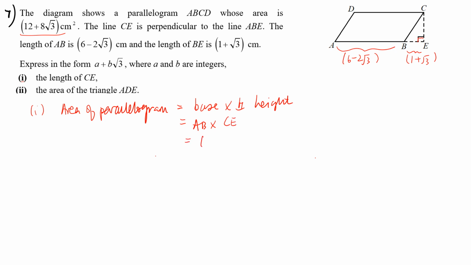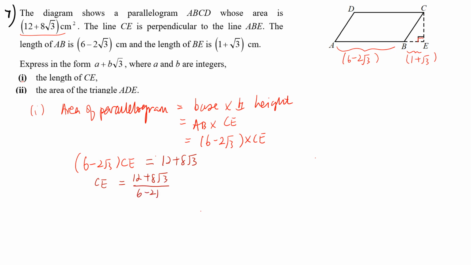Alright, so AB is just 6 minus 2 square root 3 times CE. And this 6 minus 2 square root 3, bracket it, make sure you bracket it because there are two terms there, times CE, will give you the area, which is 12 plus 8 square root 3. So to find CE is just 12 plus 8 square root 3 divided by 6 minus 2 square root 3.